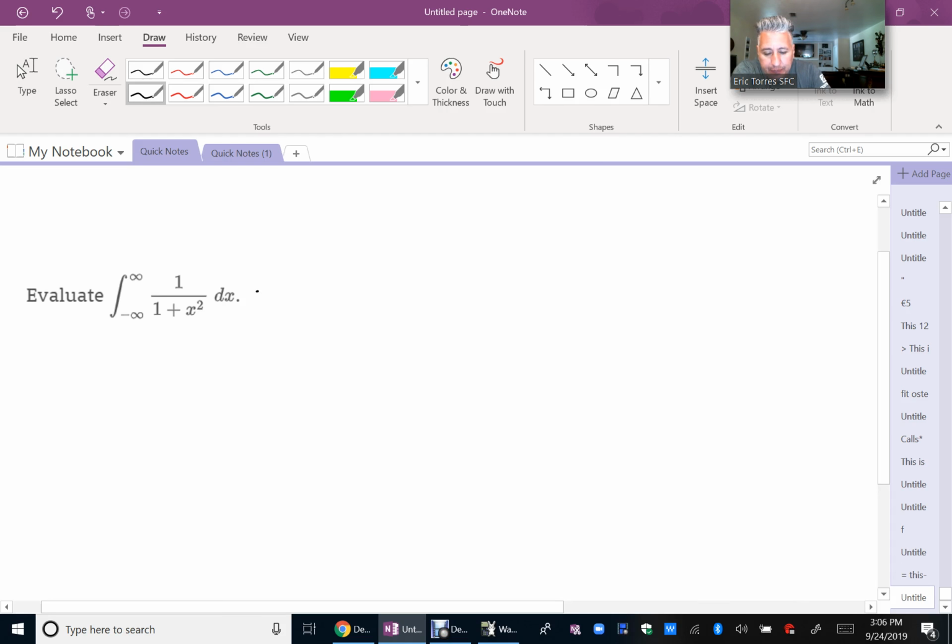So let's do that. That means I'm going to go from negative infinity to 0, and then I'm going to go from 0 to positive infinity.